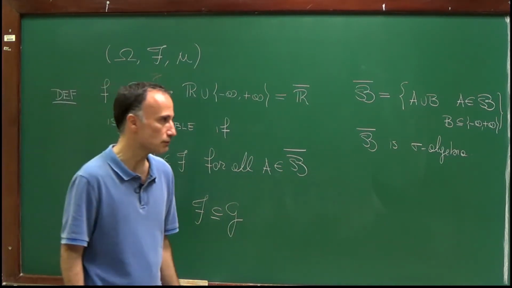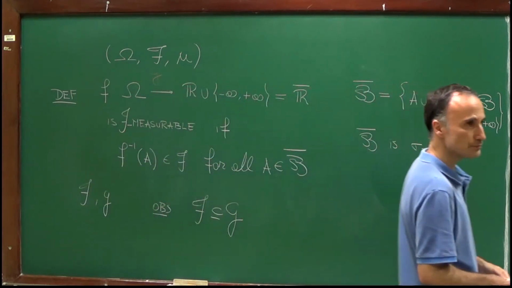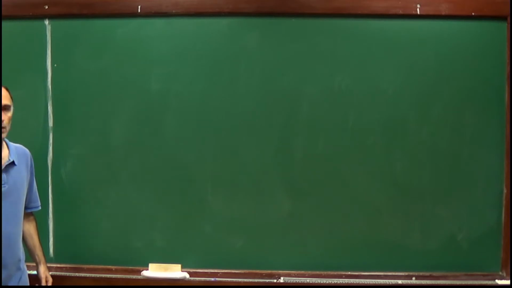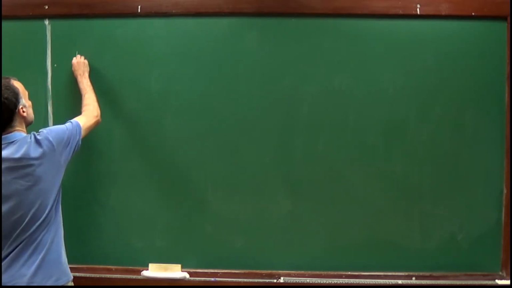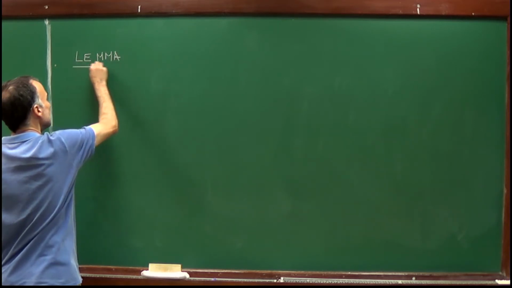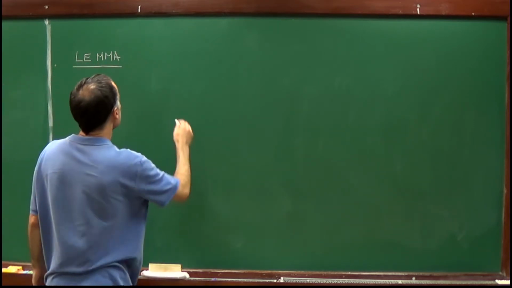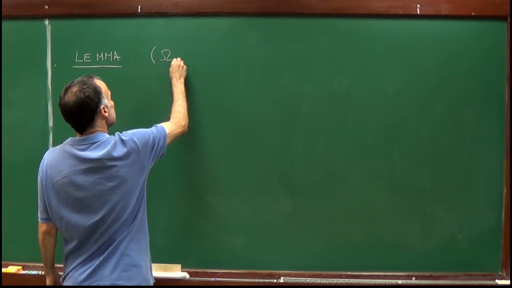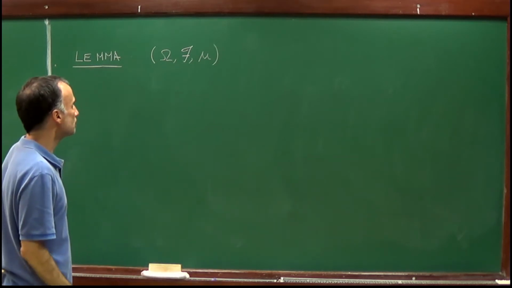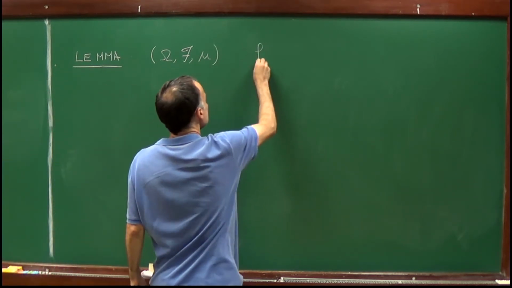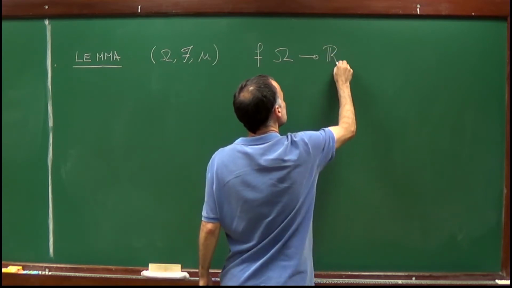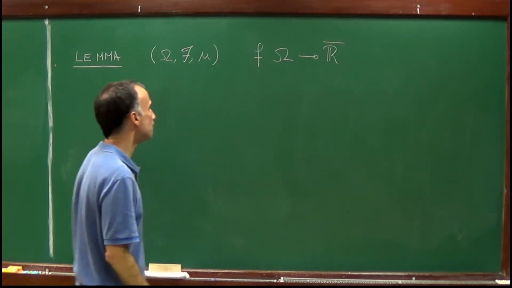So let me state the lemma. We have in this lemma a measure space and a function f which is defined on omega and takes values in R bar.